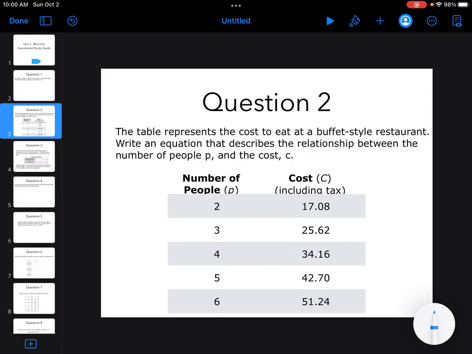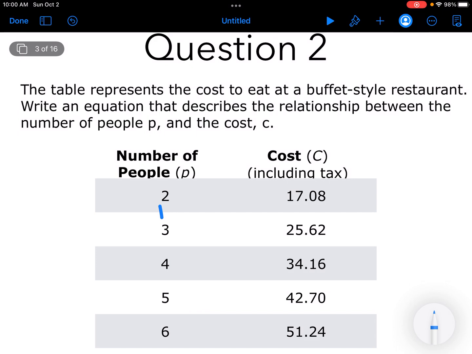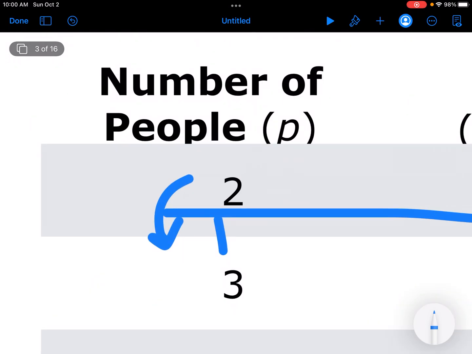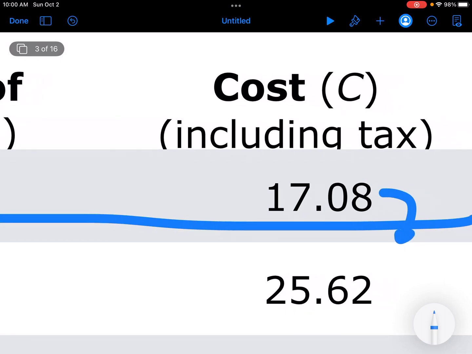All right, the table represents the cost to eat in a buffet-style restaurant. Write an equation that describes the relationship between the number of people and the cost. Well, I have to find for one person. So I'm going to add a row. So I'm going to divide by 2. And I'm going to divide by 2.